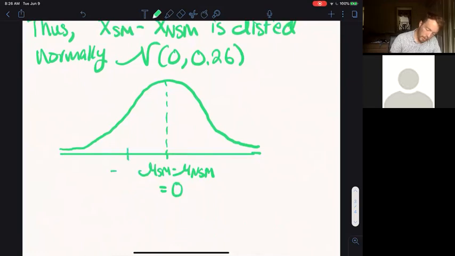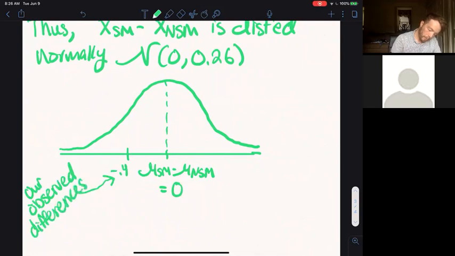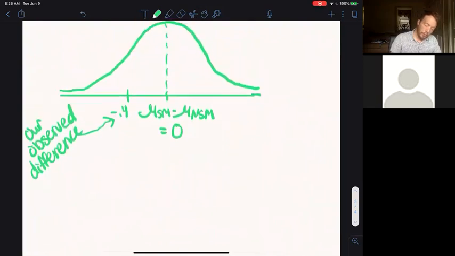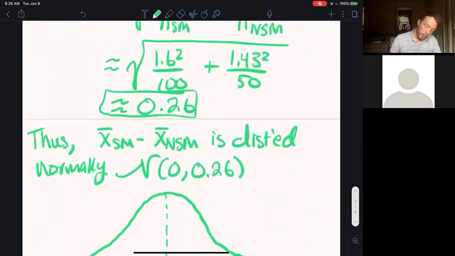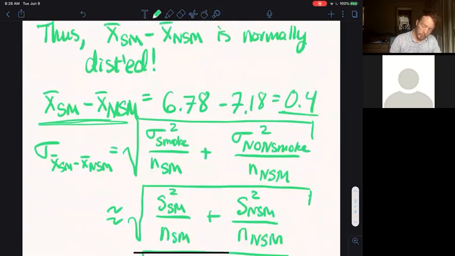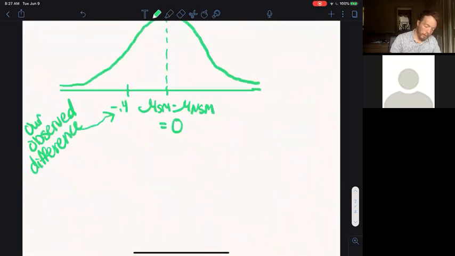And about right here we have our observed difference of the sample means, which we calculated way back here as the difference between X bar smoking and X bar non-smoking. We are interested in knowing the probability of being at or below this value.